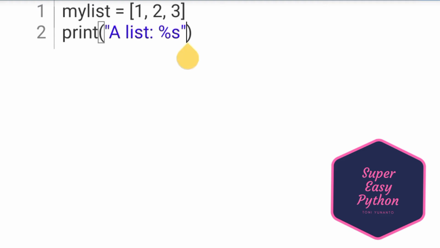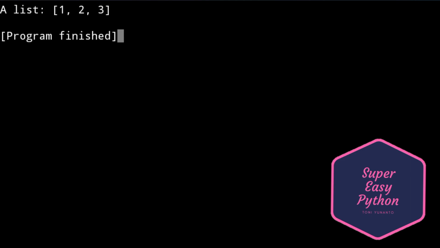And then next to the second quotation mark, we try to connect to the variable of my list by typing modulo, space, my list, and then run it. It will be a list colon and then square bracket 1 2 3.